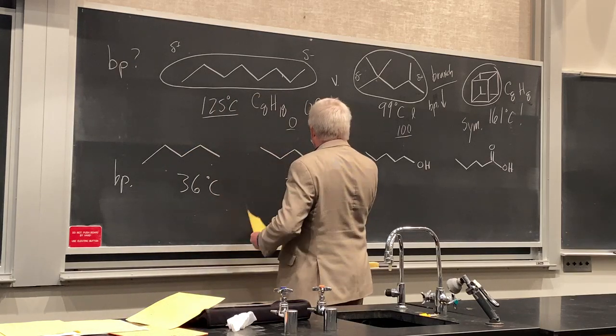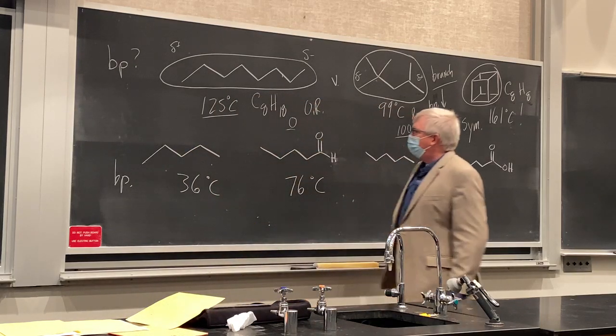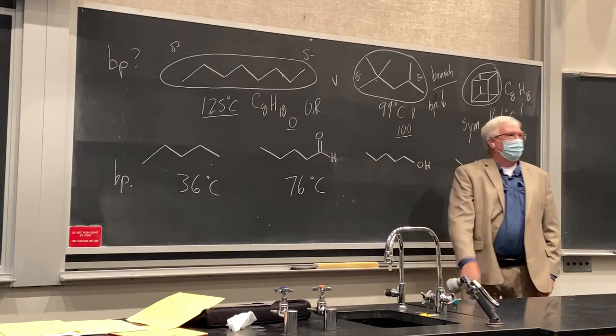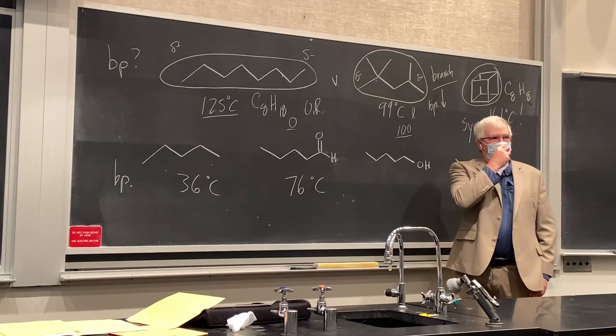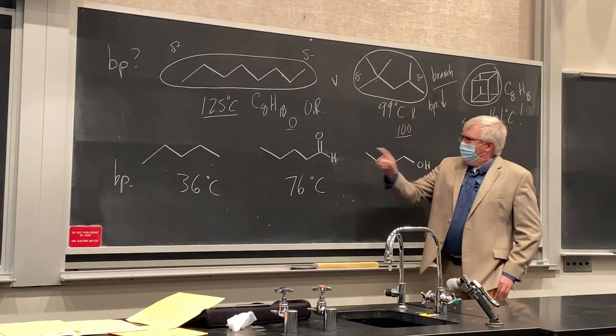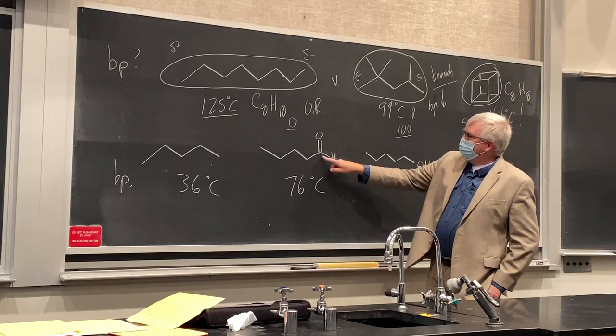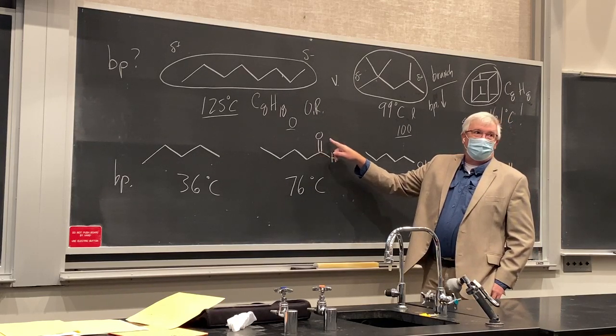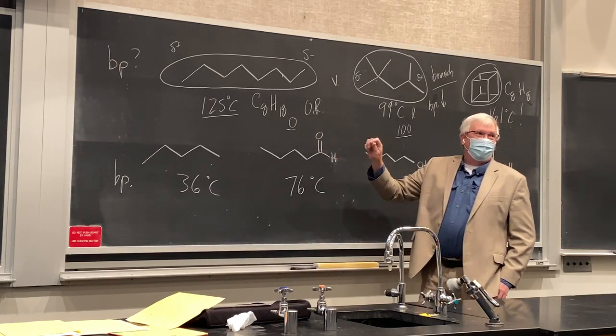The aldehyde, 76. Why is it so much higher? The aldehyde. What's the force now? Hydrogen bonding? This hydrogen's on a carbon, so I wouldn't say hydrogen bonding. What's the other property you'd want to? Not resonance. Okay. What's the other?